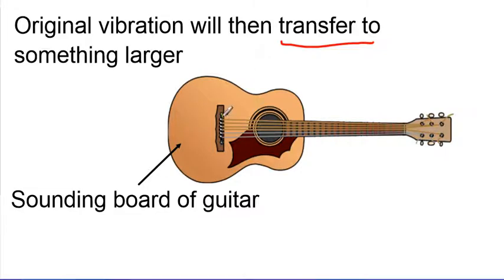And if you ever look at the guitar strings, there's usually a piece of plastic, a nut typically, that the guitar strings are positioned against, and that is what transfers the vibration from the guitar string to the sounding board of the guitar. If you think of other stringed instruments, they'll have a bridge, and that is what transfers that vibration to the sounding board of that instrument.